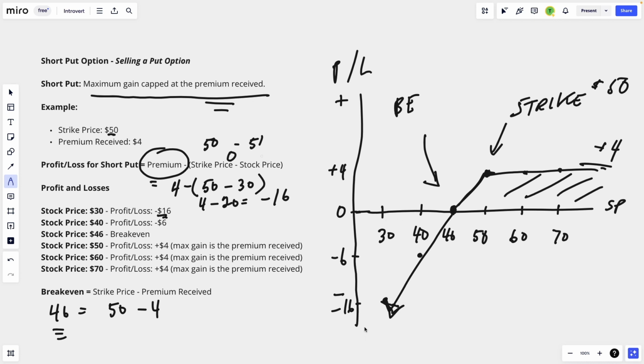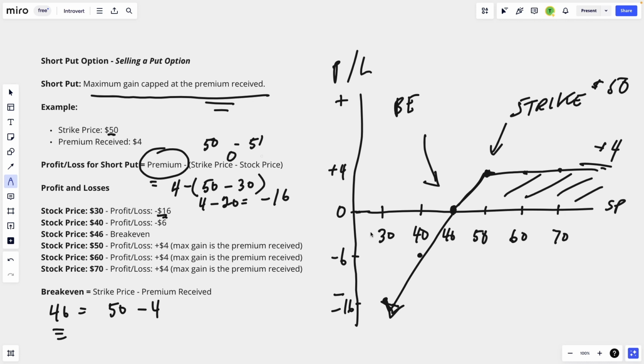And if you think about that, we have the obligation to buy at 50. So if the stock price is 30, we're obligated to buy at the strike price of 50. If the stock price is 30 and we have to buy it at 50, we buy at 50 and then we want to sell it at the market for 30, we are incurring a big loss there.